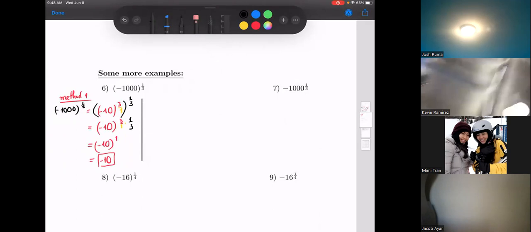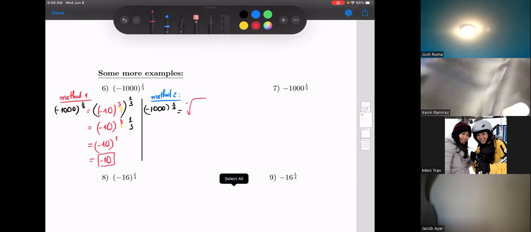Okay, another way, method 2. Again, rewrite the question: negative 1,000 to the 1/3. I'm gonna get into radical. So the power 1/3 is the same thing as what root? Cube root, right? Thank you, Taylor.